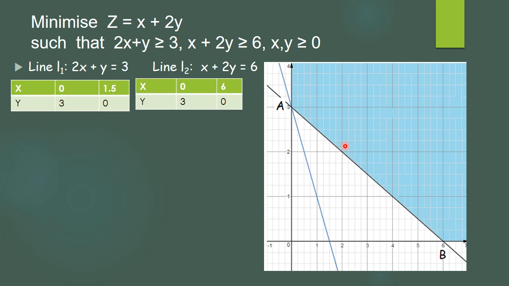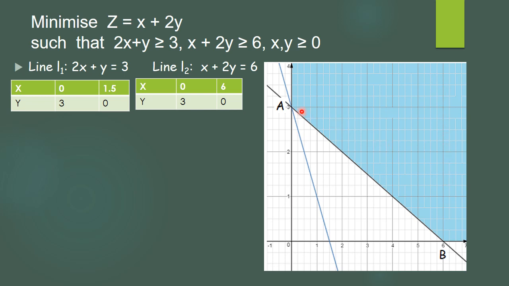Whatever the region above this line automatically becomes above the other line. This region where I'm moving the cursor is above the first line but not above the second line. So this is not the feasible solution. So we get this as a feasible solution, which we have painted with the blue color.